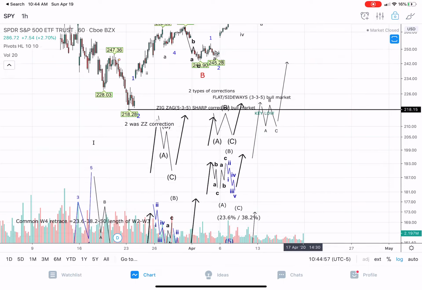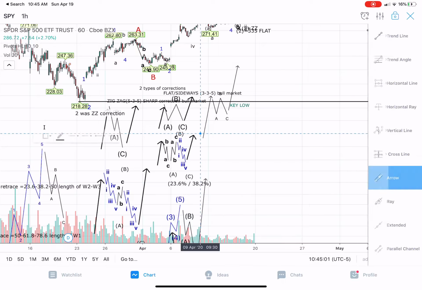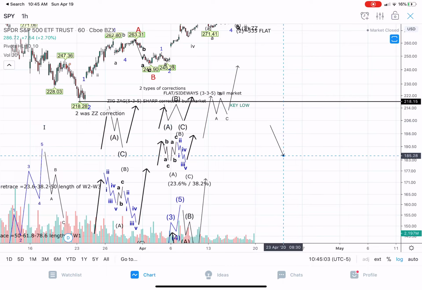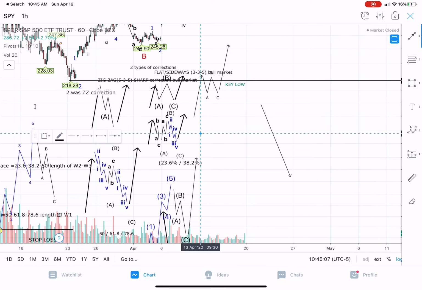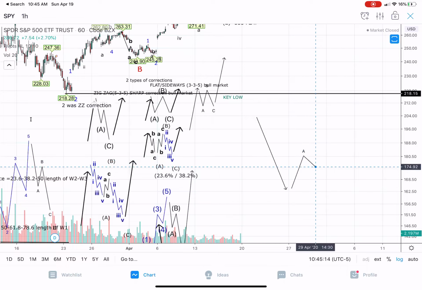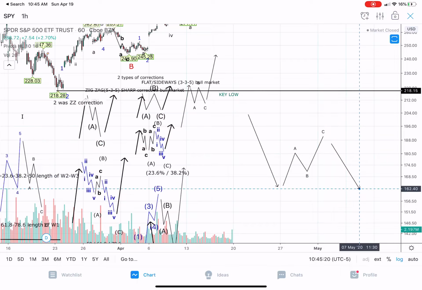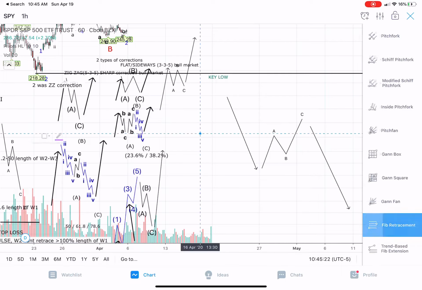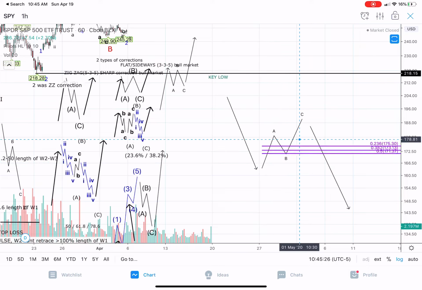So during a correction, you have a down move like this. Then you have your ABC corrective move, A, B, C. You typically get your wave B retracement to retrace 38.2% to 50%.